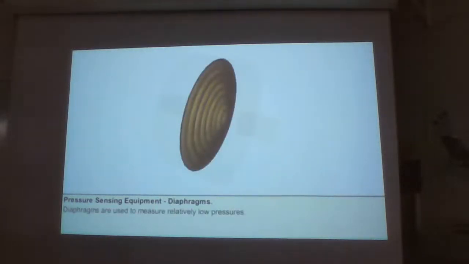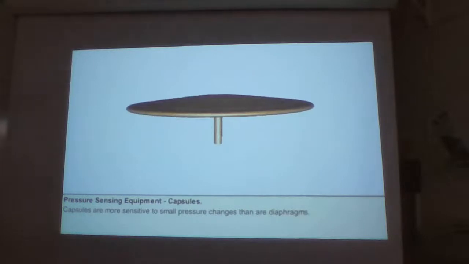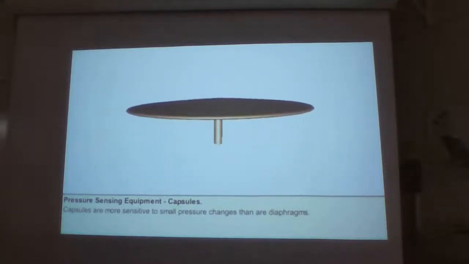Diaphragms consist of corrugated circular metal discs, which are secured at their edge, and when pressure is applied, they are deflected, as shown here. Diaphragms are used to measure relatively low pressures. Capsules are made up of 2 diaphragms placed together and joined at their edges.